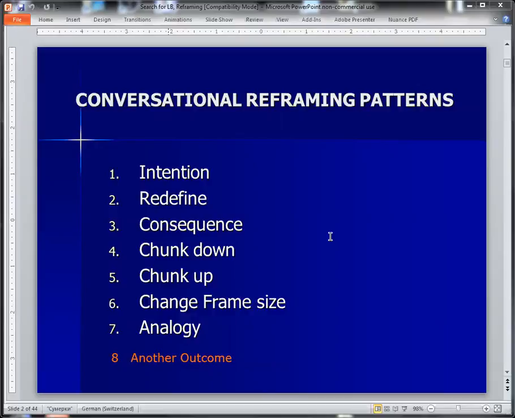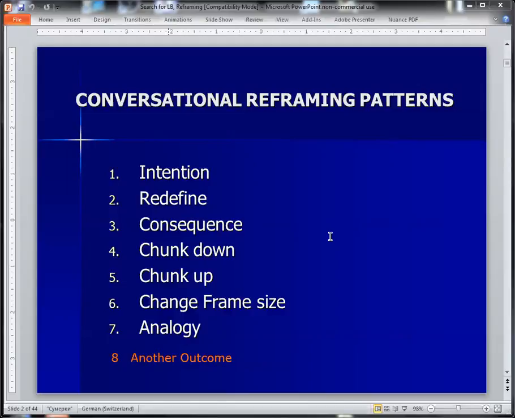Okay, Irene, one, two, three, four, five, six. So you do remember. Yeah, six, change frame size. As for the frame size, it's when you are switching to the global picture, which includes more people, so you're increasing the number of people involved, or you are talking about time.